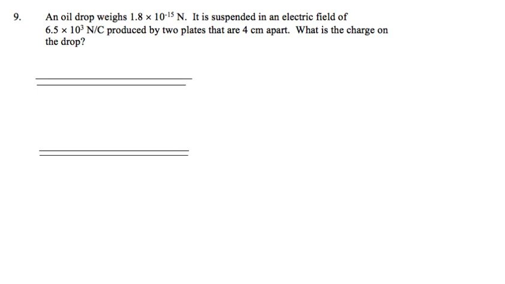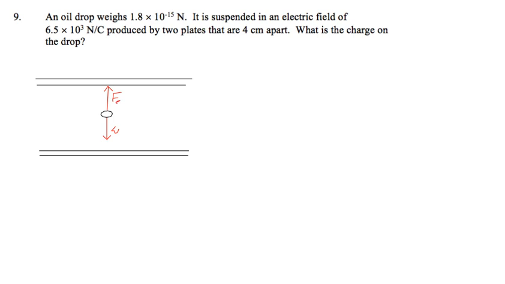Now, if I put an oil drop in this, then for it to be suspended, the forces on it have to be balanced. What that means is that the weight of the drop has to be balanced by the electrostatic force. All right, so there's my picture. This would be the weight, and this is the electrostatic force.